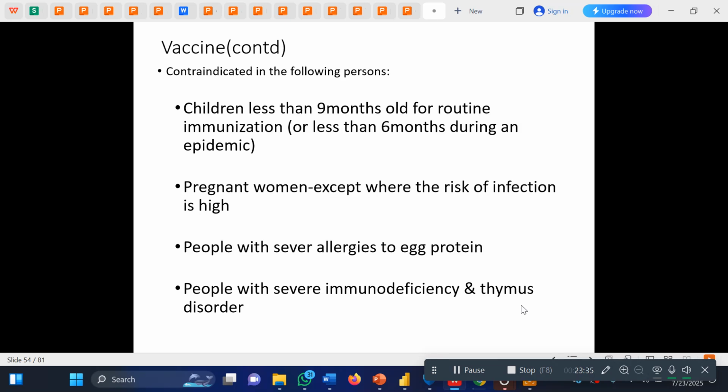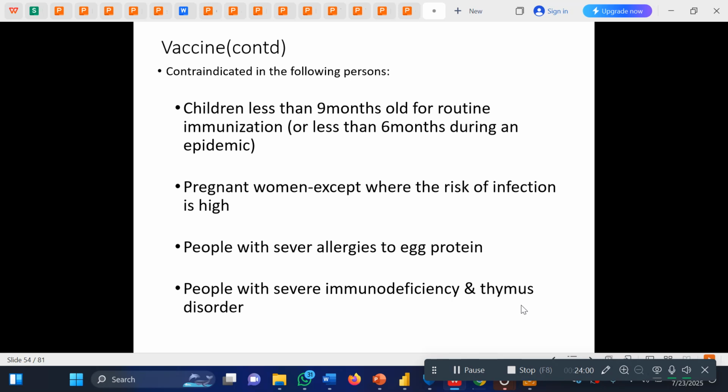Children less than 9 months of age should go for routine immunization, or less than 6 months of age during an epidemic. Pregnant women, except where risk of infection is high, should also be vaccinated. People with severe allergies to egg protein.